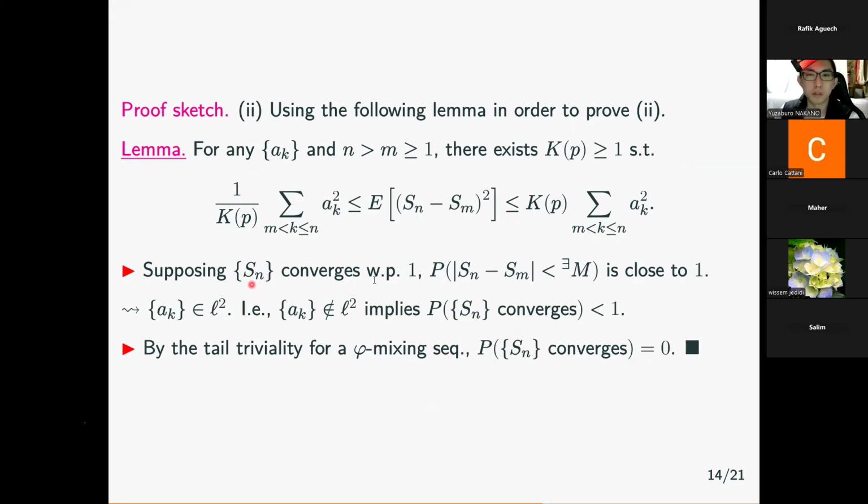Supposing Sn converges with probability 1, then the left-hand side of this inequality implies Sn minus Sm is bounded. The probability that Sn minus Sm is bounded is close to 1. Then the inequality implies Ak is square summable.